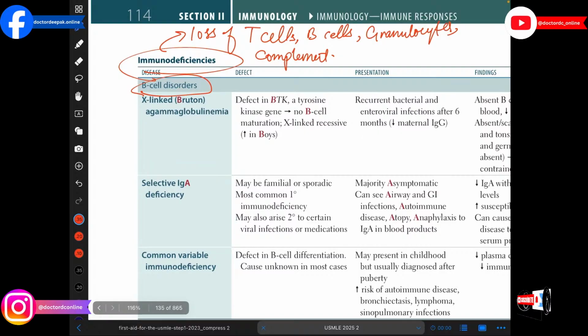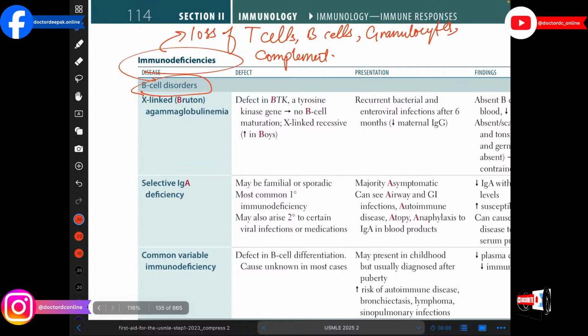B cell disorders include first X-linked agammaglobulinemia, or Bruton agammaglobulinemia. It's a defect in the BTK tyrosine kinase gene.